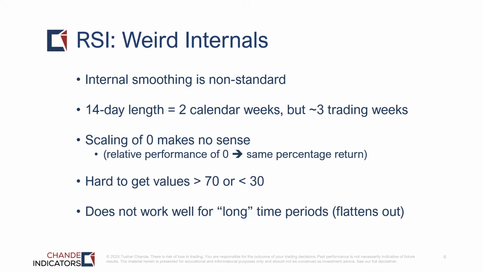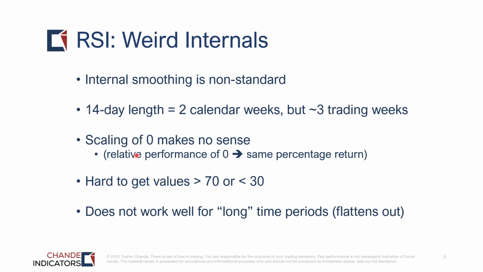Now, Wells Wilder designed the RSI before computers were easily available, so he made some trade-offs, and for its time it was brilliant. But today it's just weird. The internal smoothing is non-standard, and we really don't need to use that anymore in a computerized world. The 14-day length, which is the default, looks like 2 calendar weeks, but with 5 trading days a week, it's really not quite 3 trading weeks.